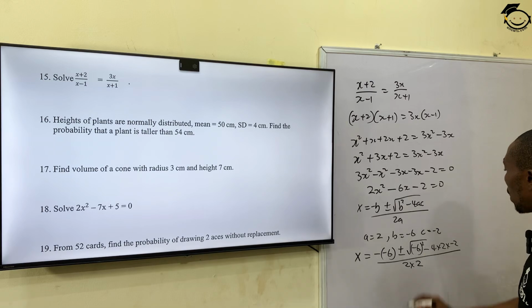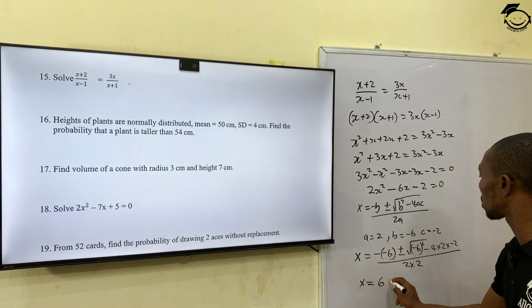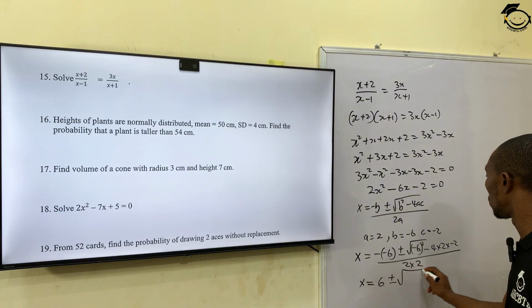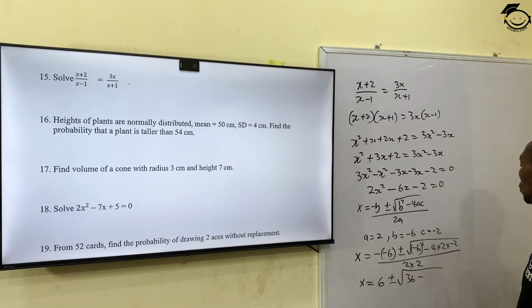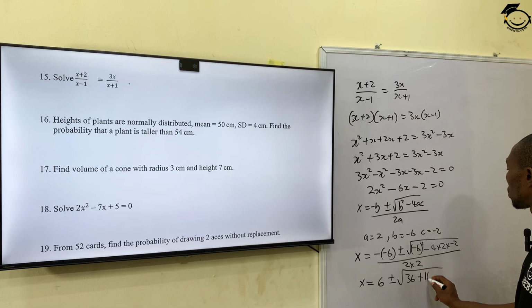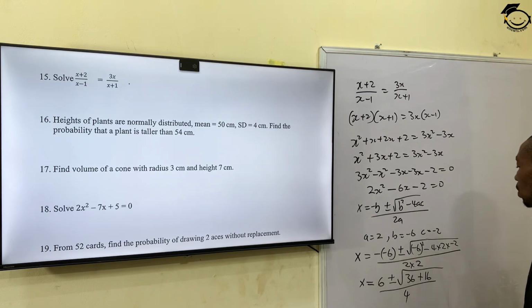All right, here we'll now have x equals 6 plus minus root 36 minus 4 times 2, 8. 8 times 2, 16. So this becomes plus 16, minus times minus will be plus, over 4. All right.